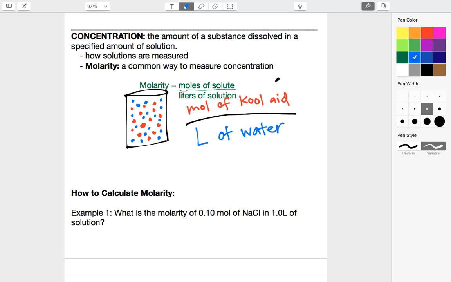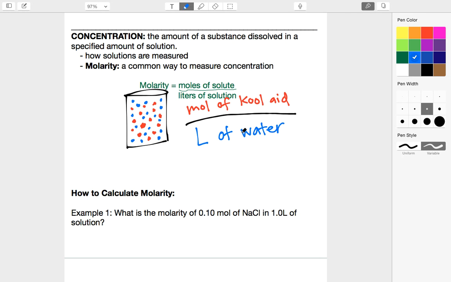So molarity follows this equation here in green. Molarity is basically the moles of solute divided by liters of solution. So if we go back to our Kool-Aid example in our molecular view, it's the number of moles of Kool-Aid I have divided by the liters of water I have.